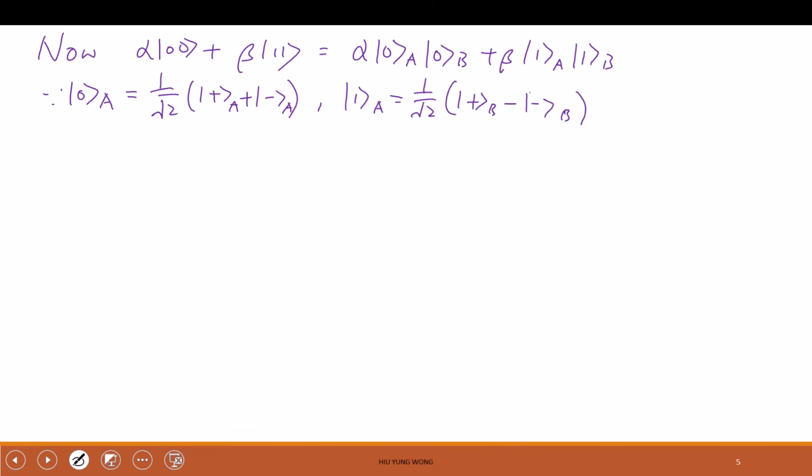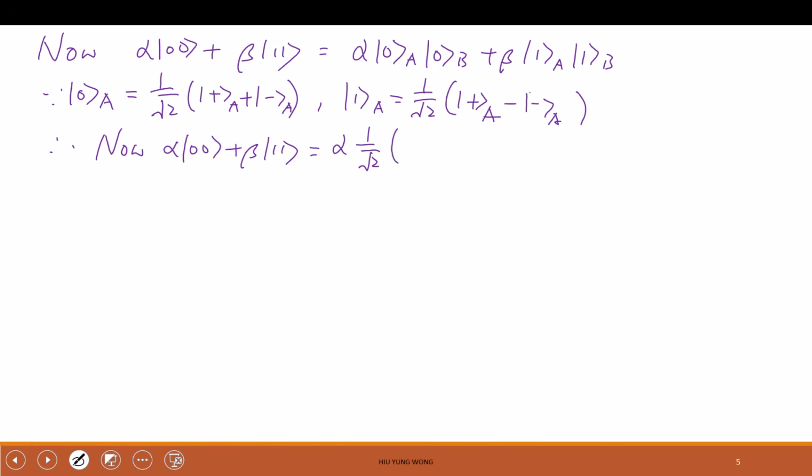Now I'm going to substitute. Therefore, because of typo, thank you. It's completely wrong. Should be A. It's Alex. Good point. Okay? So now, still the same. It is this, equals alpha 1 over square root 2.